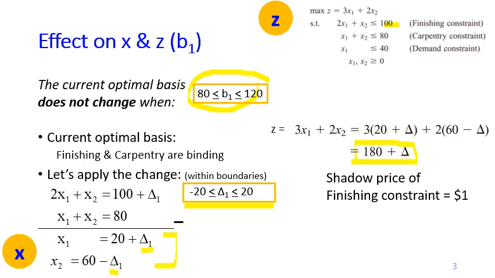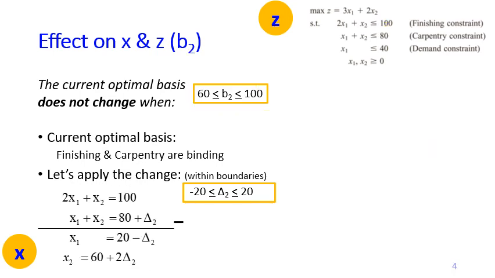In other words, whenever you increase the finishing constraint by 1, your z will also be increased by 1 times delta, 1 times the change. In other words, the shadow price for the finishing constraint is $1, because when you increase the finishing constraint by delta, then the z will also increase by 1 times delta.